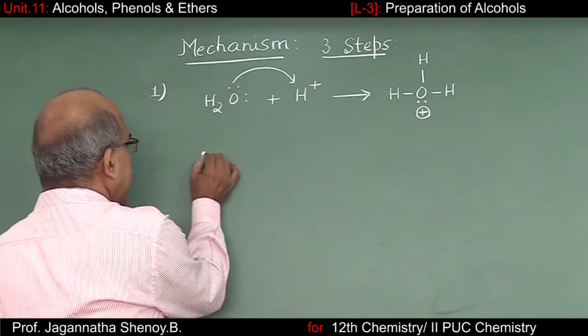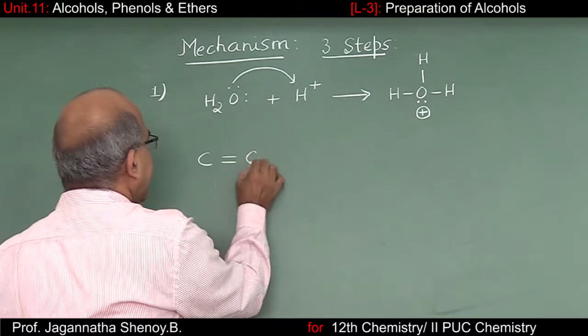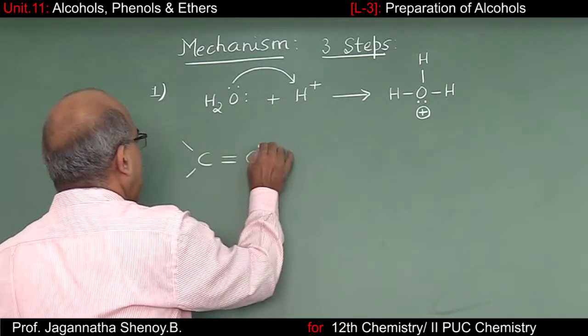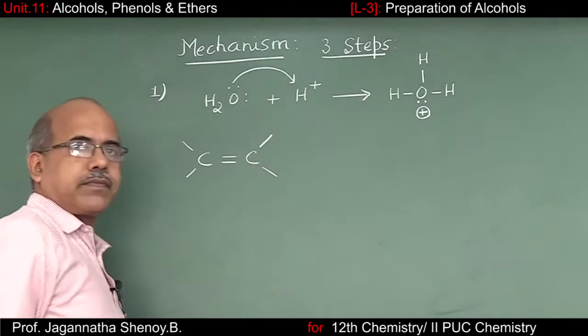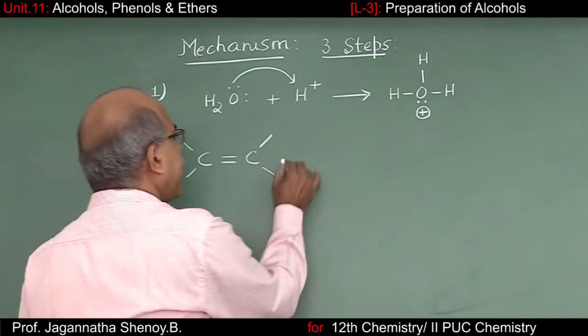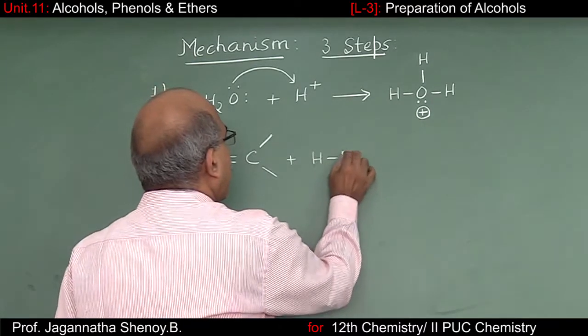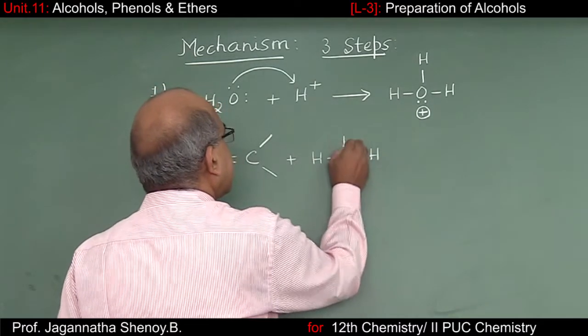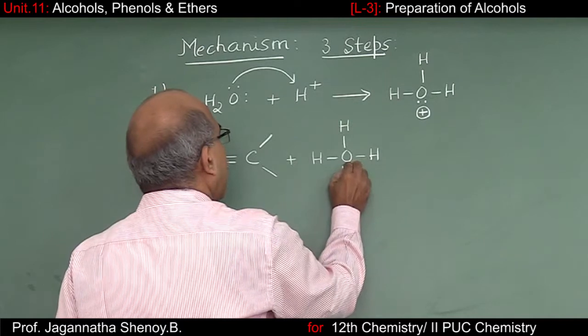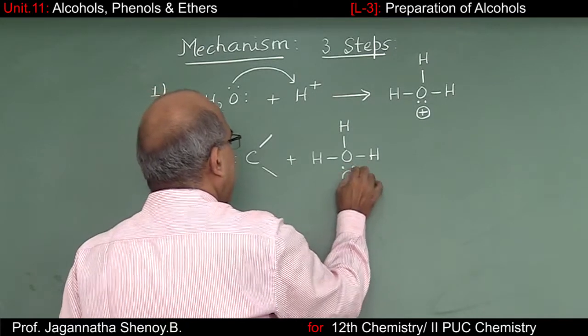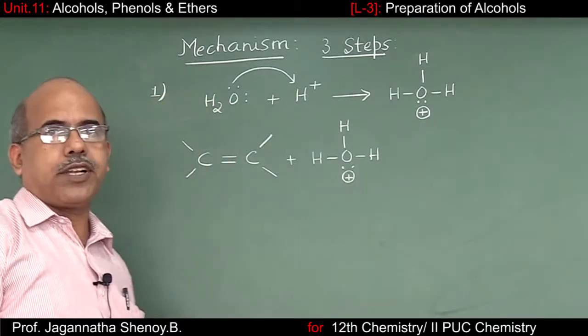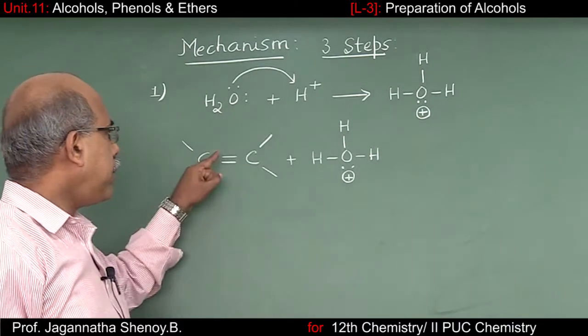What happens next is, you know, alkene is an electron rich species that will interact with hydronium ion. So hydronium ion, on oxygen you have 1 lone pair of electrons and you have a positive charge. What happens now?